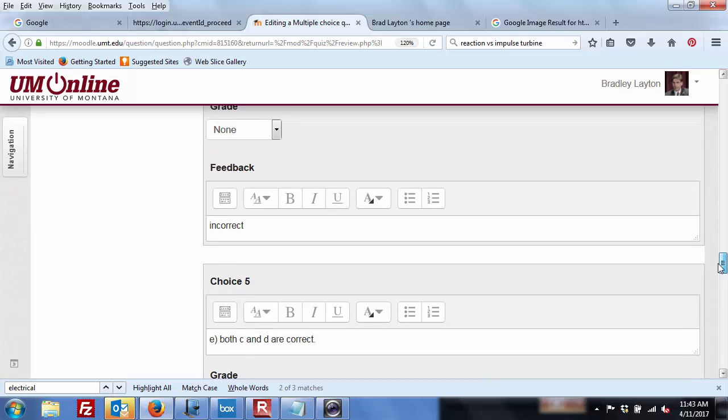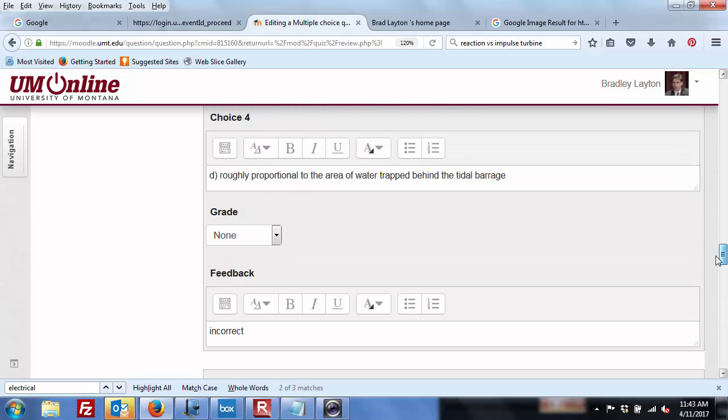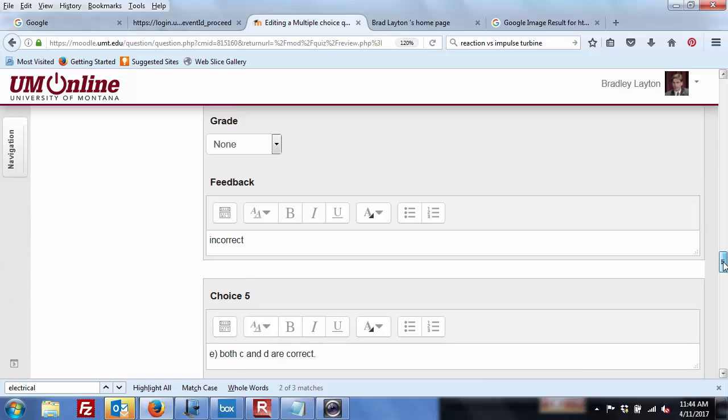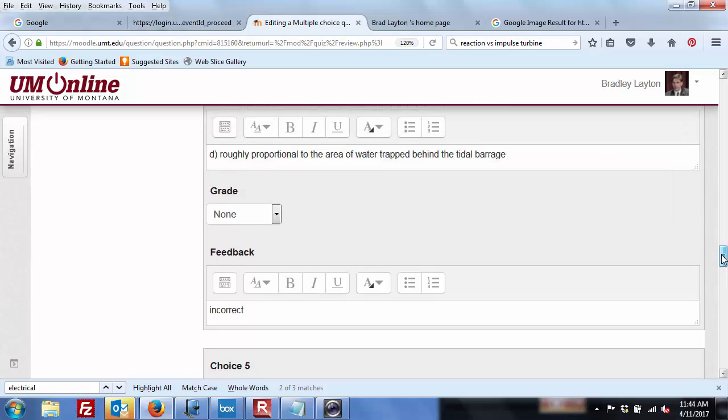C and D are correct. Roughly proportional to the area of water trapped behind the tidal barrage. So that would speak to energy, wouldn't it? That's not a well-worded question, because I said it's the area, more how much energy is a function of area. Good, it's not just me. Would it be, so C, volume instead of area?